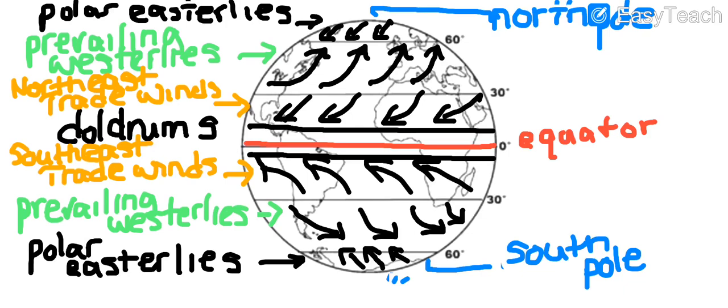So the wind basically rises from the equator and kind of slowly works its way toward the poles, sinking, getting higher pressure as it goes. And then the high pressure from the poles heads back toward the equator. And it's sort of a cycle that keeps going like that.